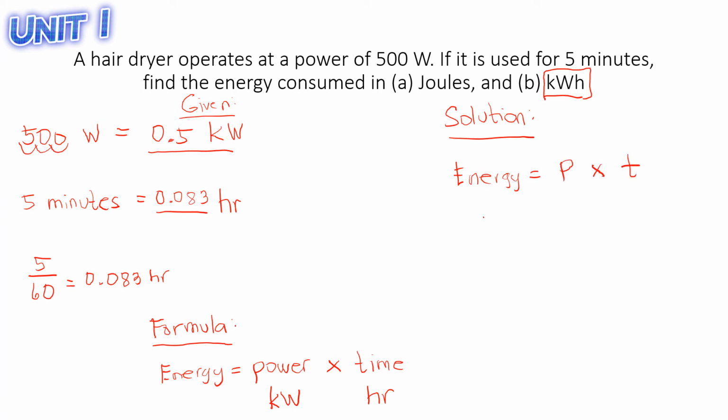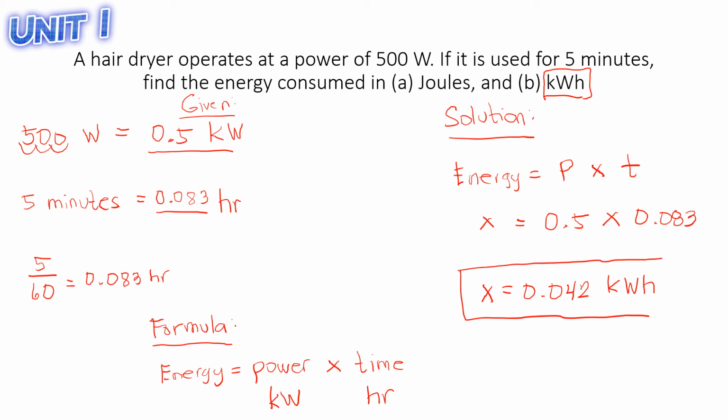Energy is X, and power is 0.5. I will remove the units, so we focus on the numbers: multiplied by the hour, which is 0.083. So 0.5 multiplied by 0.083, you will get a value of 0.042 kilowatt hour. So this is our answer for problem B.